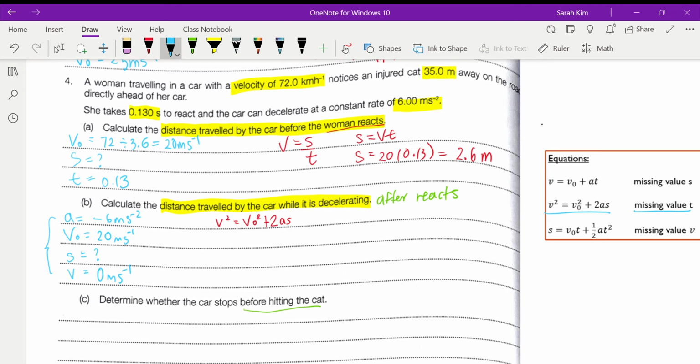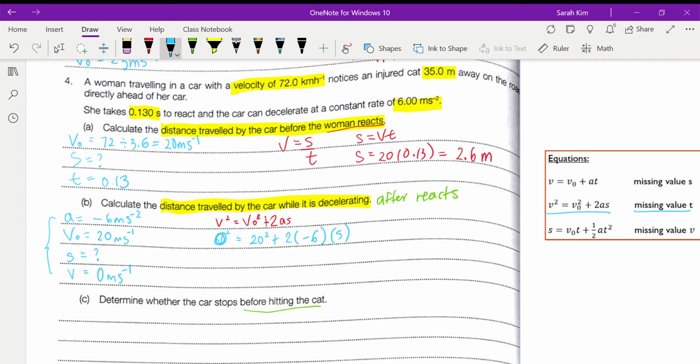Alright, so let's sub those values in. My V squared equals, that's 0 squared equals V naught squared, which is 20 squared plus 2 lots of -9. My bad. I was used to writing -9.8, but it's actually -6. And my S is my question mark.